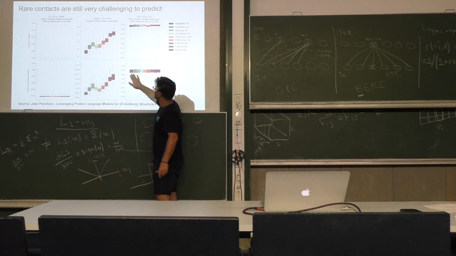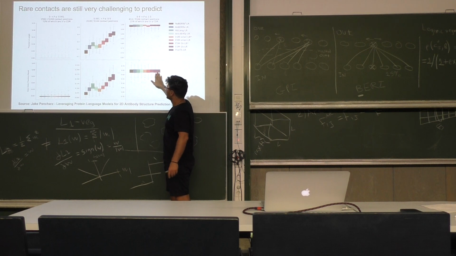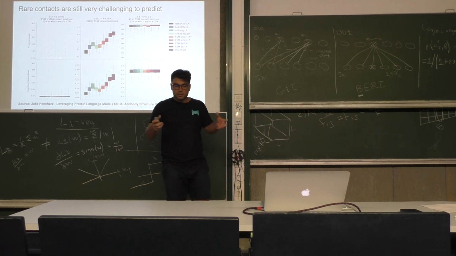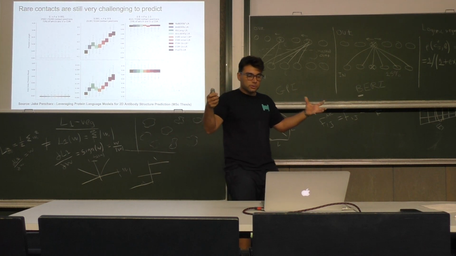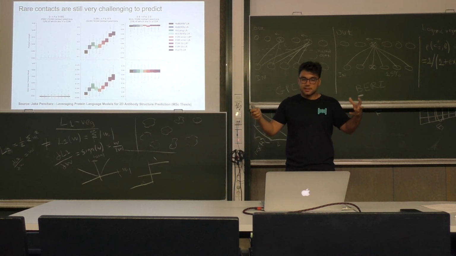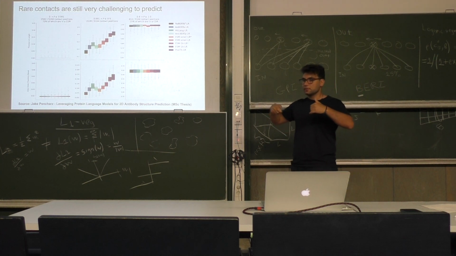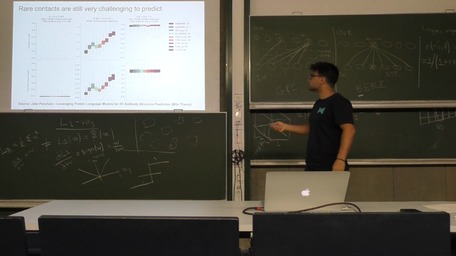And here, all the models are able to capture all these very frequent statistics for different contacts, independent of the different models. So the bottom line is that rare contacts are extremely hard to predict, even with the largest scale models.